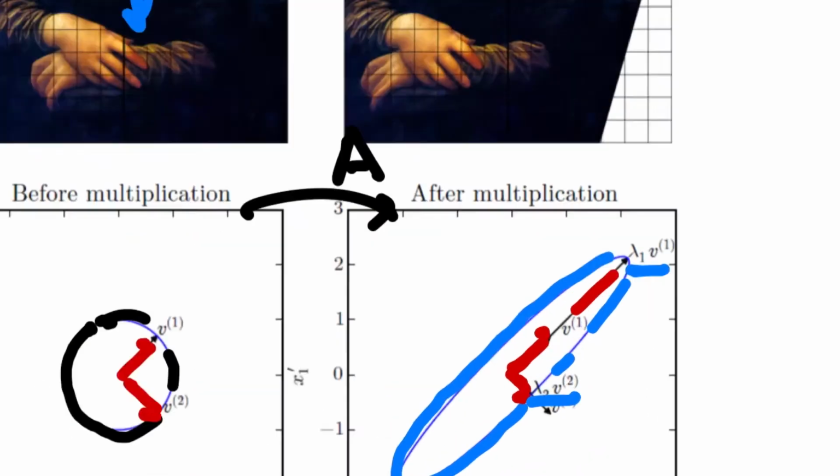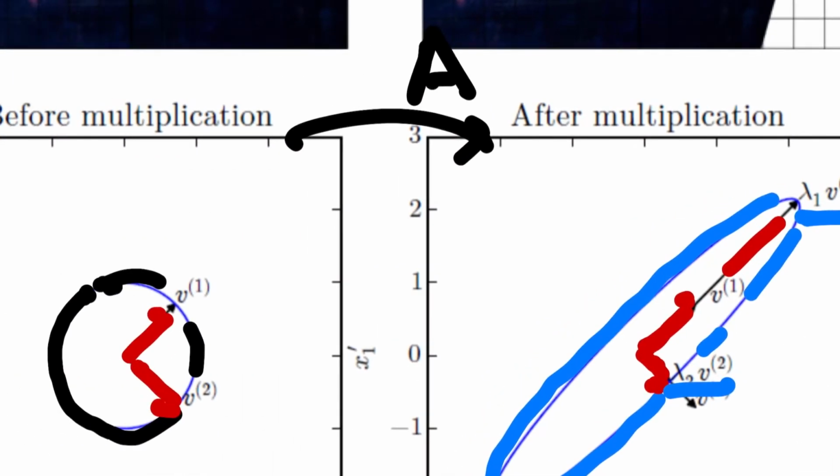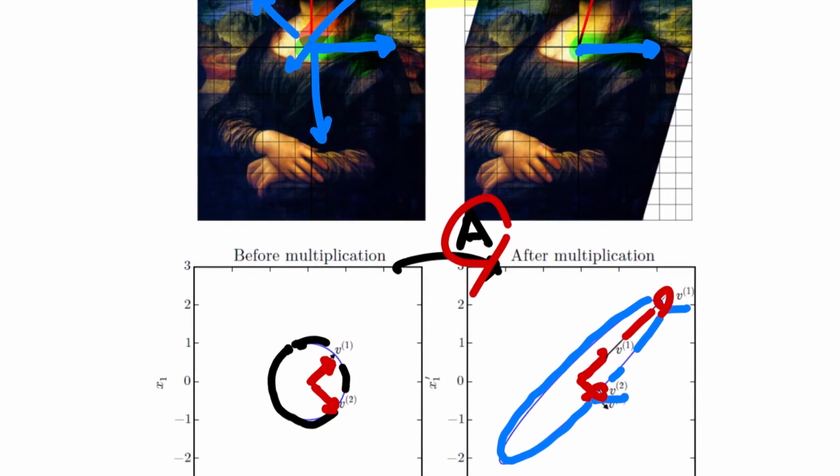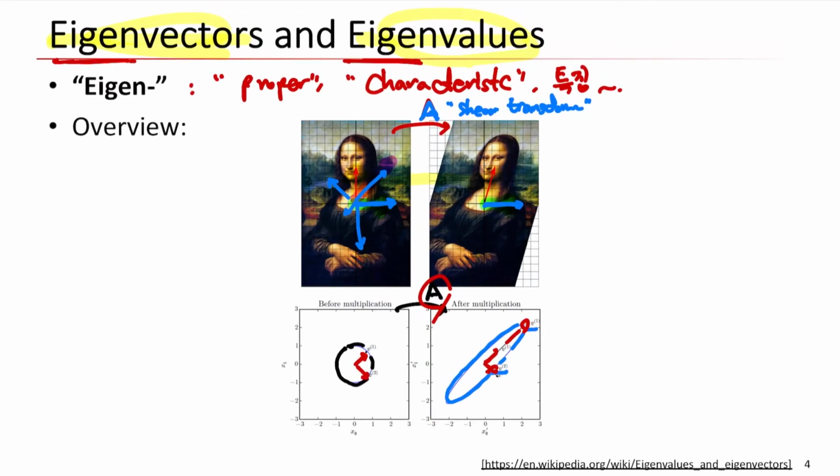In other words, if we know these vectors and these magnitudes, then we can understand the properties of this transformation A. So by using these eigenvectors, we can understand this matrix. That's why we study eigenvectors and eigenvalues.